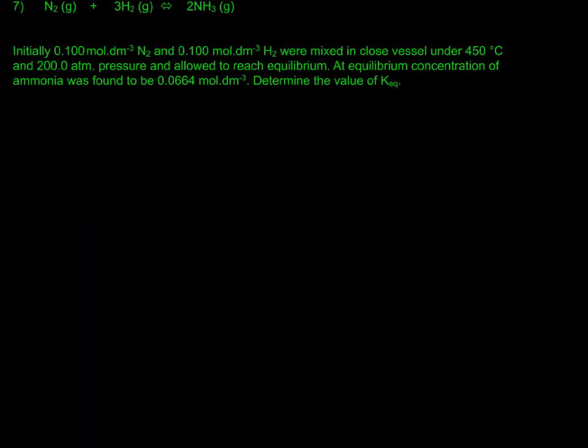The next problem is also another ICE problem. Initial is given. Hopefully there is one piece of information at equilibrium, and then we have to work out K equilibrium. So let me write the equation one more time. Nitrogen plus hydrogen, Haber process, giving ammonia. So I for initial, you have 0.10 of nitrogen, you have 0.10 of hydrogen. There is no ammonia, so that's 0.